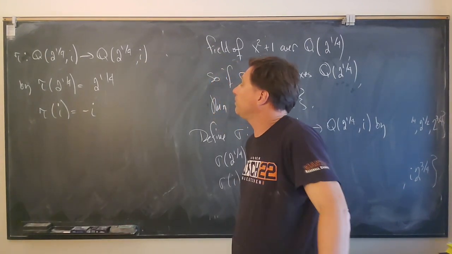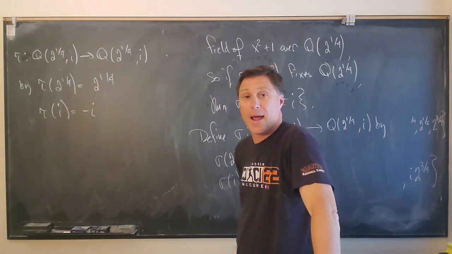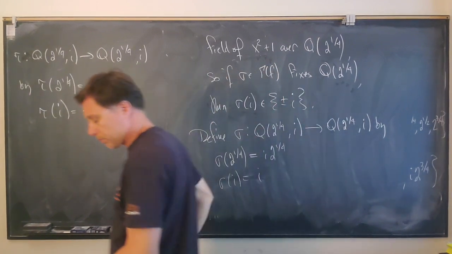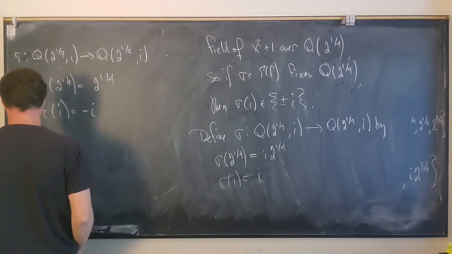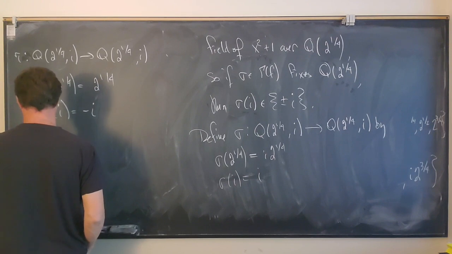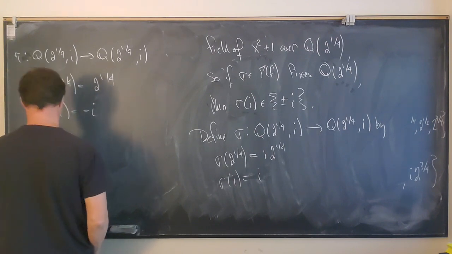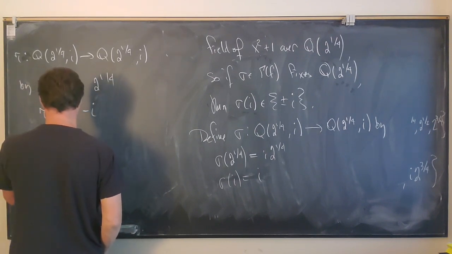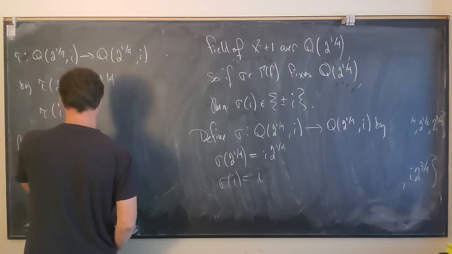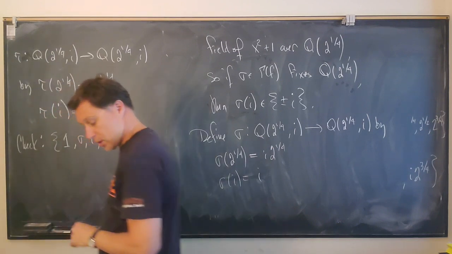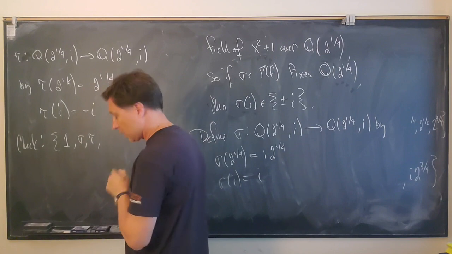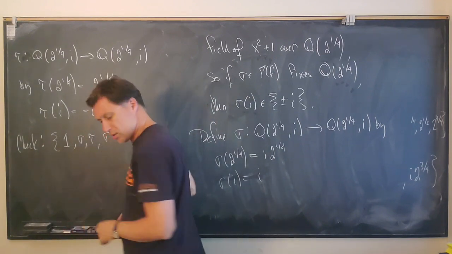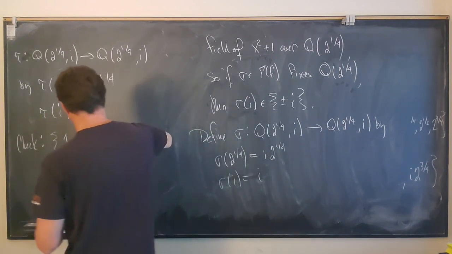All right. Now, I'll say check that this list right here, so it's going to be the identity, sigma, tau, sigma, yeah, let's do the sigmas first.